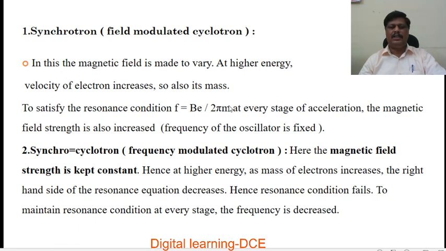As mass increases, the ratio decreases. Hence the resonance condition fails. To maintain the resonance condition at every stage, the frequency is decreased. Therefore, the synchrocyclotron is also called the frequency modulated cyclotron.